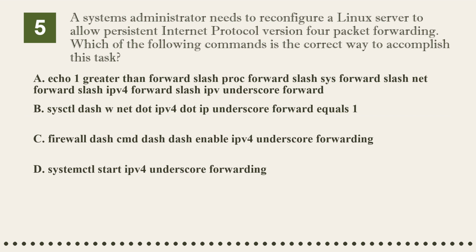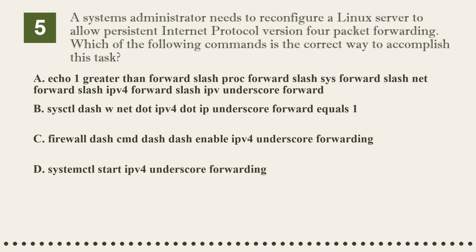Question 5. A systems administrator needs to reconfigure a Linux server to allow persistent Internet Protocol version 4 packet forwarding. Which of the following commands is the correct way to accomplish this task? Option A, echo 1 greater than /proc/sys/net/ipv4/ip_forward. Option B, sysctl -w net.ipv4.ip_forward=1.